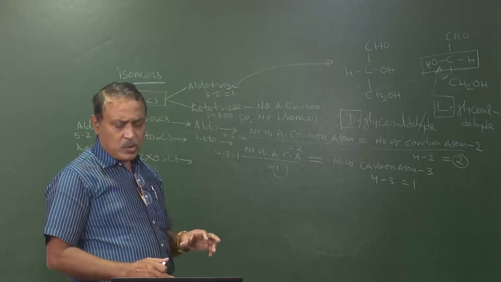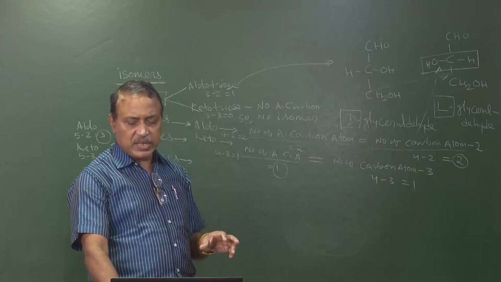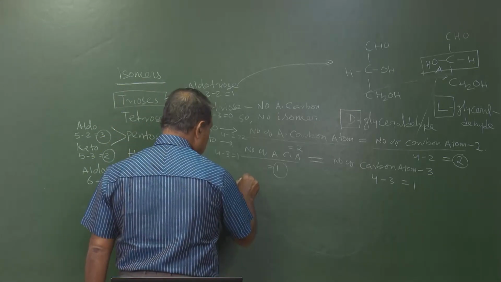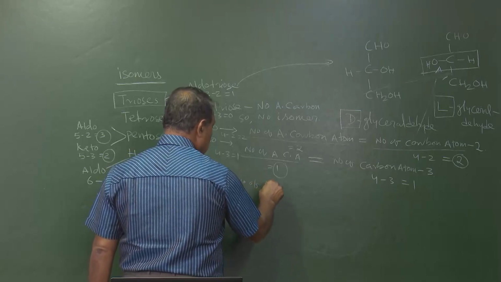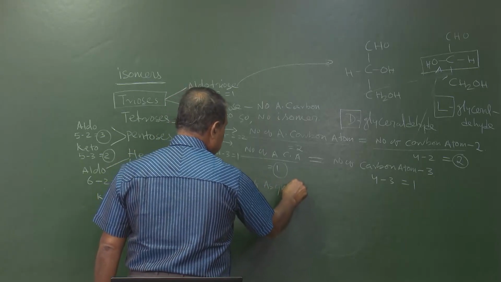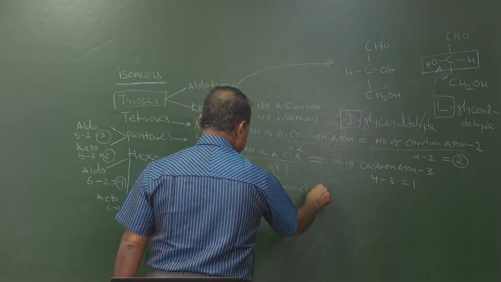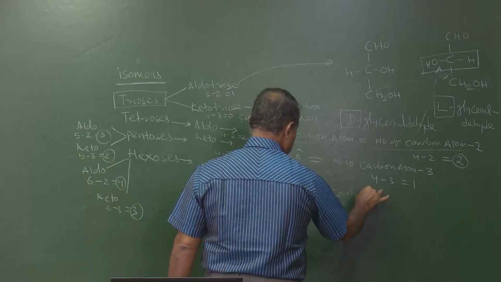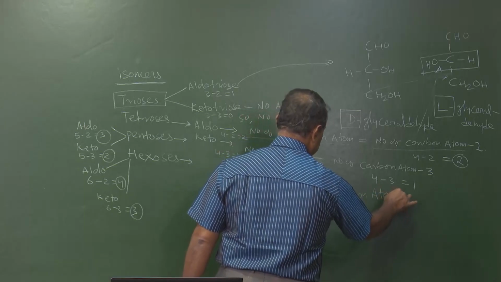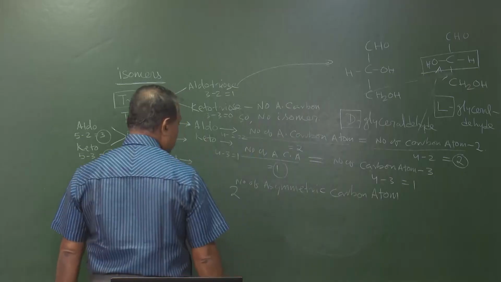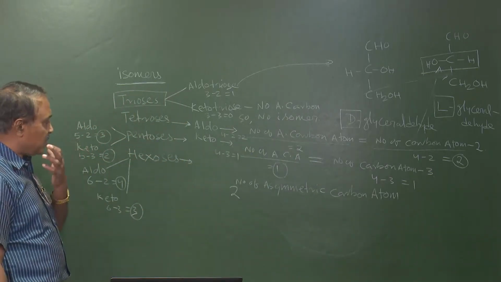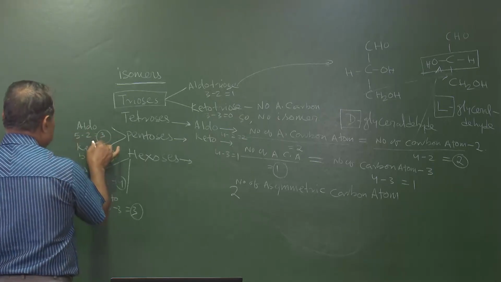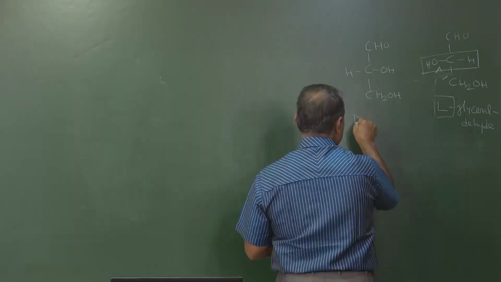We will have 2 to the power of the number of asymmetric carbon atoms. So now continue with this pentose.